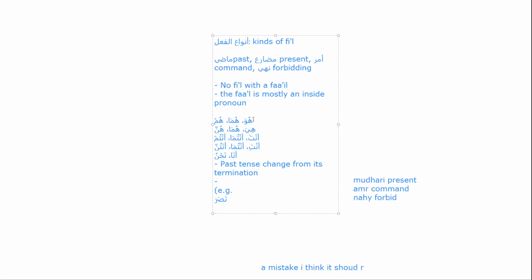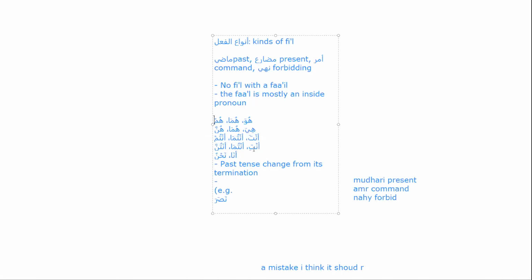So huwa, he, huma, both of them, hum, all of them, masculine. Hiya, she. Huma, both of them, feminine. Hunna, all of them, feminine. Anta, you, singular, masculine. Antuma, pair, masculine. Antum, all of you, masculine.